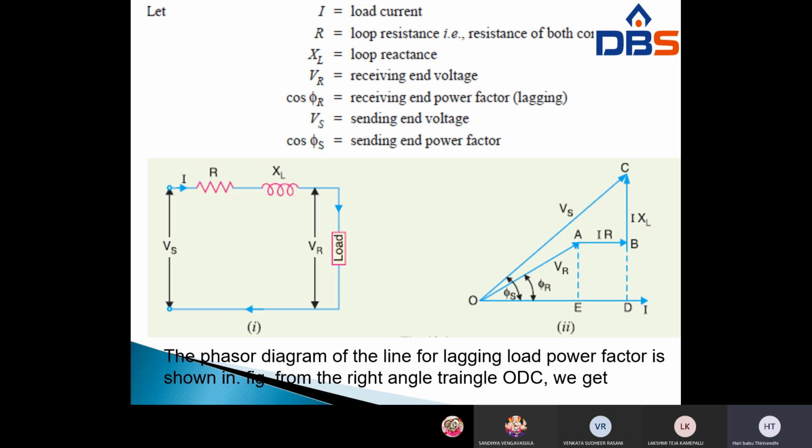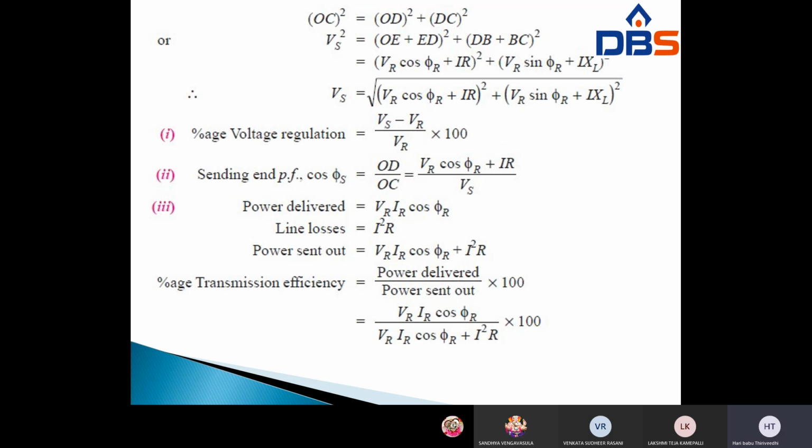OE is VR cos phi R, ED is IR, CB is IXL, and DB is VR sin phi R. So OE VR cos phi R plus ED IR, square, plus VR sin phi R plus IXL, square. Therefore VS is equal to square root of that.